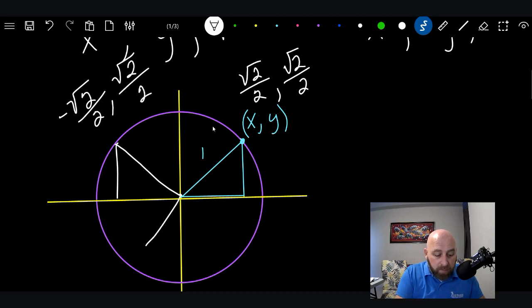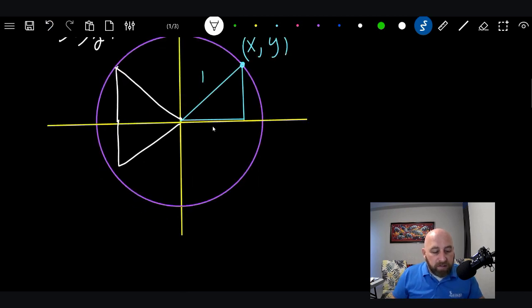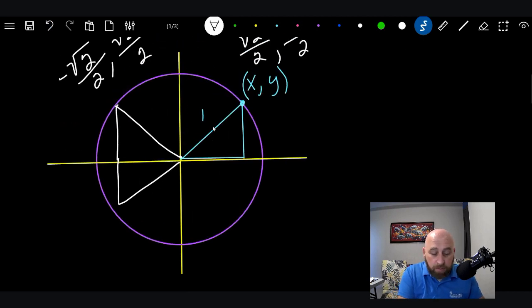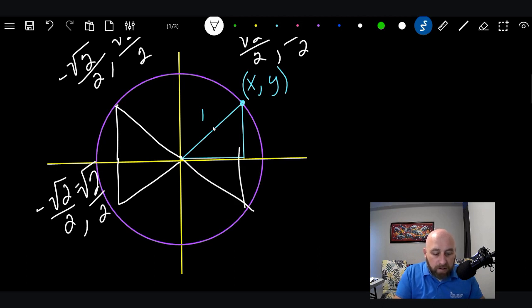What happens when we transfer it over here? Sorry. There we go. When we transfer it over here, it's the same thing, but they're both negative now. Negative square root of 2 over 2, negative square root of 2 over 2. Now, what about when we go over here to the fourth quadrant?